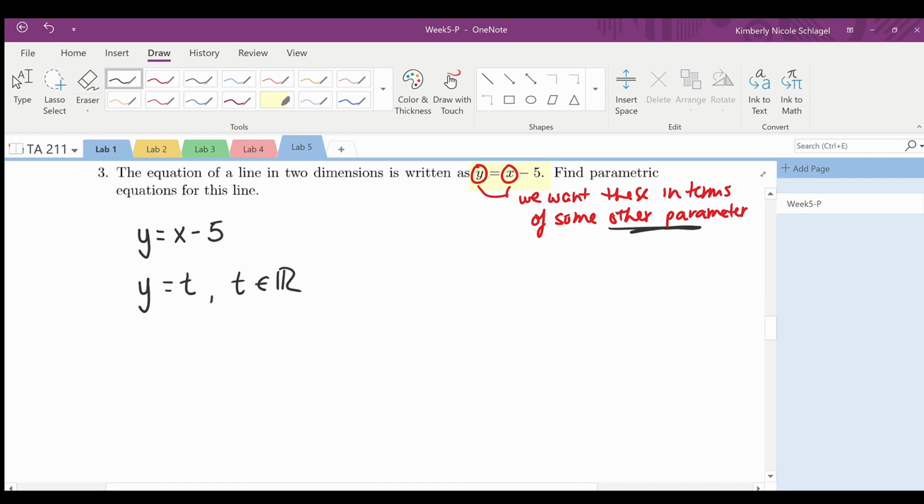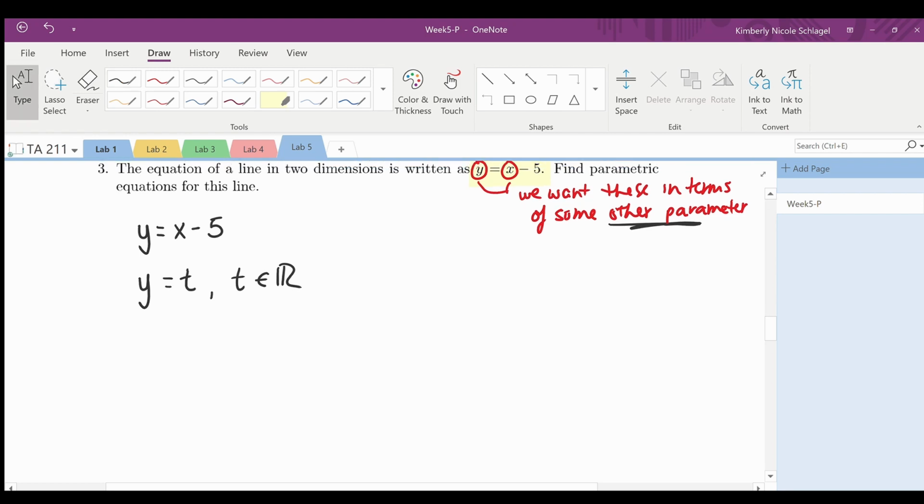I know this is confusing at first, but bear with me, it will make sense. We're just arbitrarily choosing y to equal t.